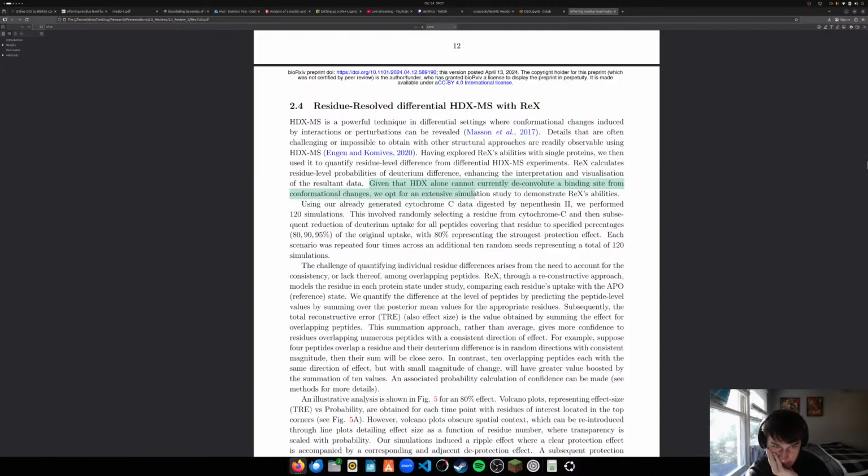we opt for an extensive simulation study to demonstrate. We performed 120 simulations, selecting a residue and then reduction of deuterium uptake. What? For all peptide coverings. Each scenario was repeated.